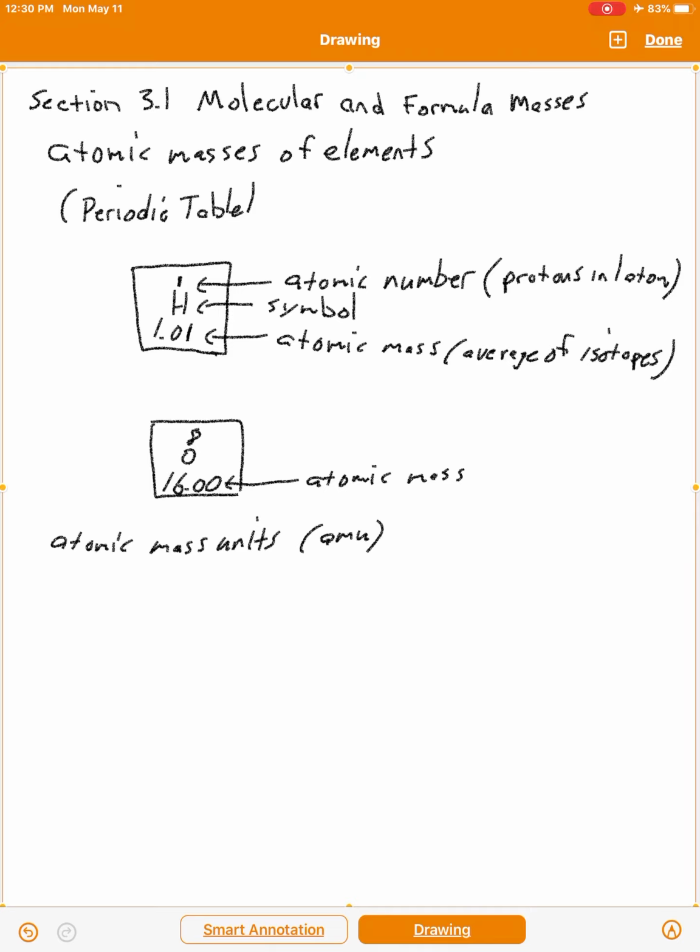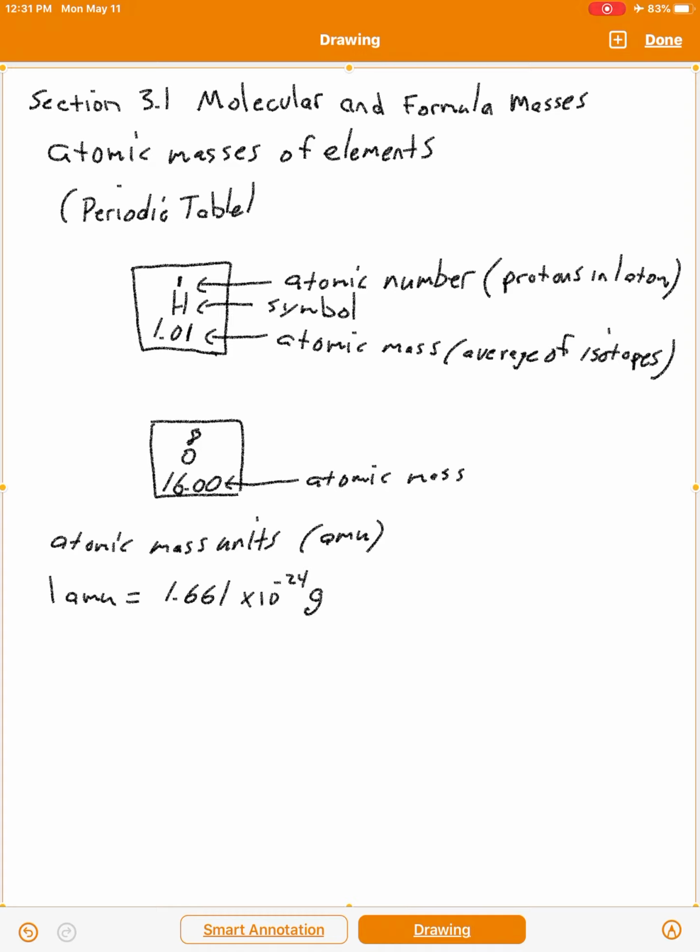Now, how big is one AMU? For example, you know essentially what a pound is, and you maybe know what a kilogram is, maybe you know what a ton is. What's an AMU? One atomic mass unit, one AMU, is very, very small. By definition, it's 1.661 times 10 to the minus 24 grams.